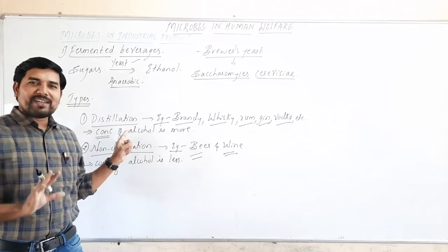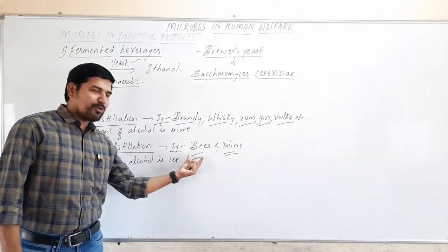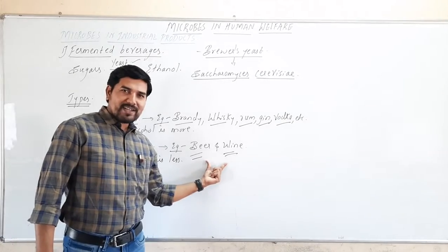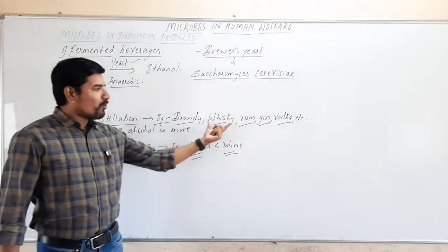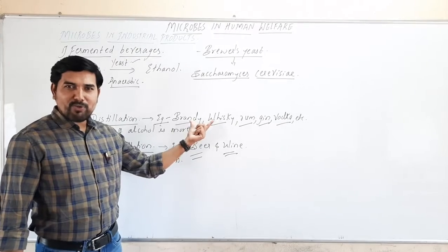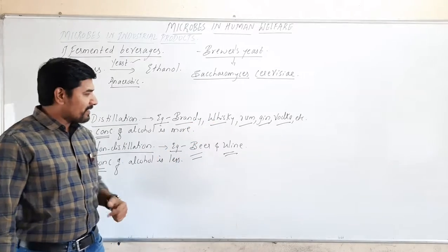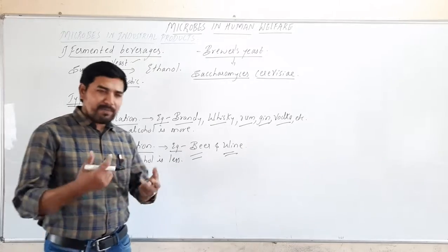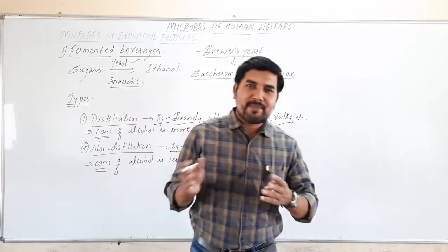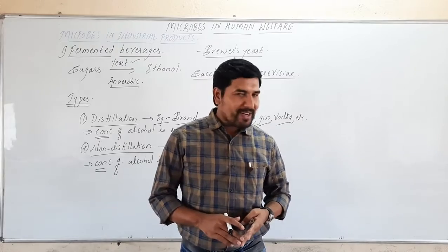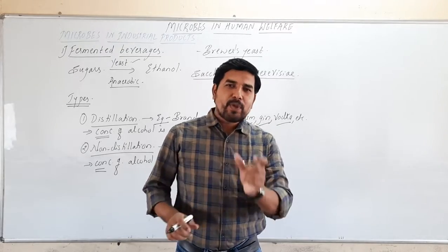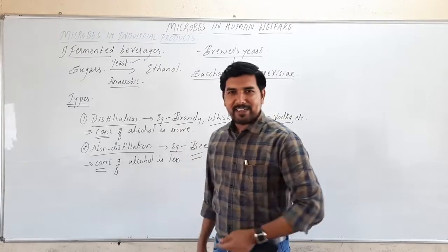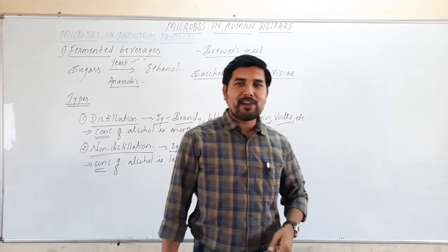Generally, the concentration of alcohol, or the percentage of alcohol, is less in these brands, and the percentage is very high in these others. Since the percentage varies from one brand to another, in general, what might be the percentage of alcohol in each of these non-distilled as well as distilled alcoholic products?